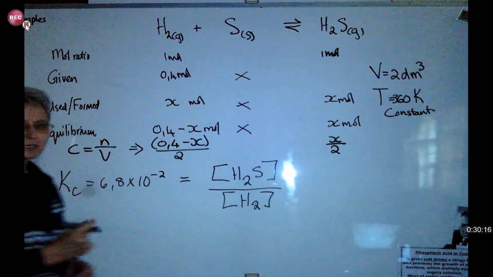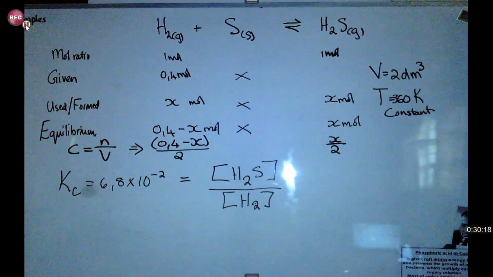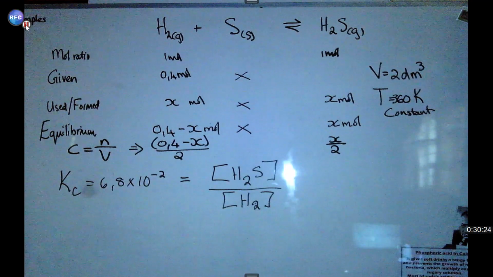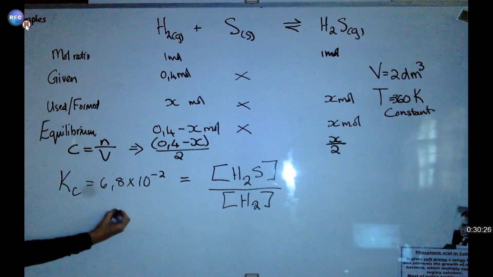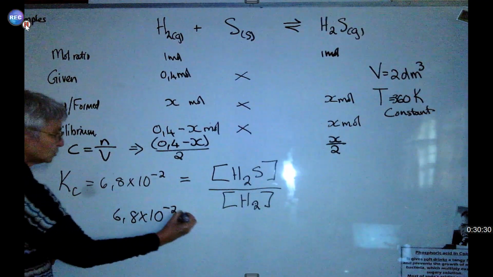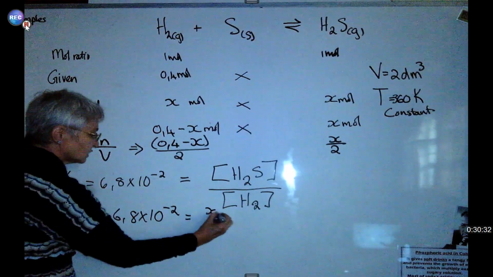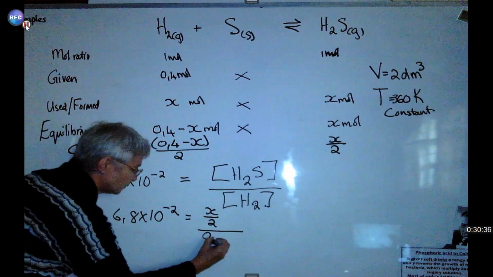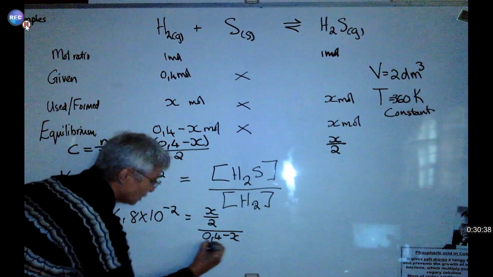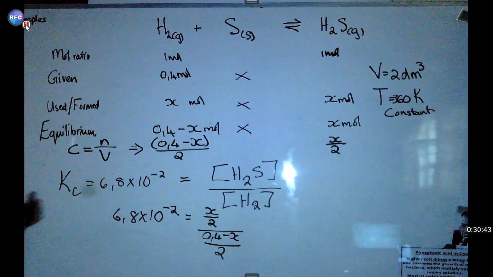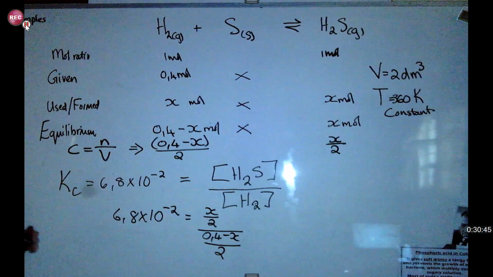That is the equilibrium concentration. The 2 will sort itself out in the Kc expression: 6.8 times 10 to the minus 2 would be x over 2 over 0.4 minus x over 2, and those two 2's will cancel. Is my mathematics correct?